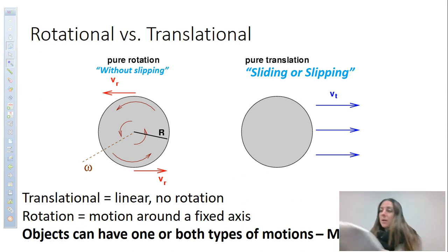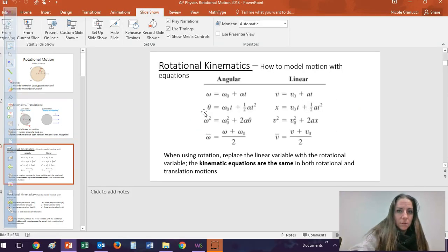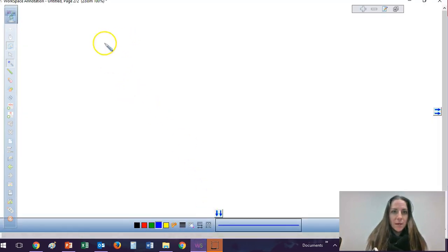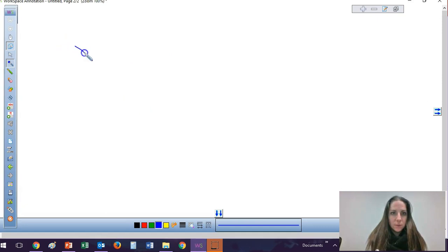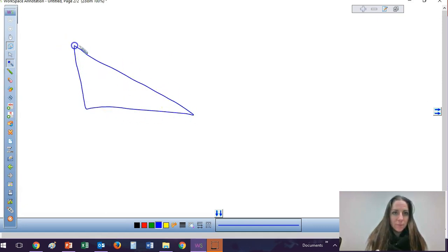If I draw a diagram really quickly of this, let me actually go over here for a quick second. We could have this case. This is a terrible drawing, I'm so sorry. Here's an incline, right? We can have a ball on this incline, and then it can roll, right?